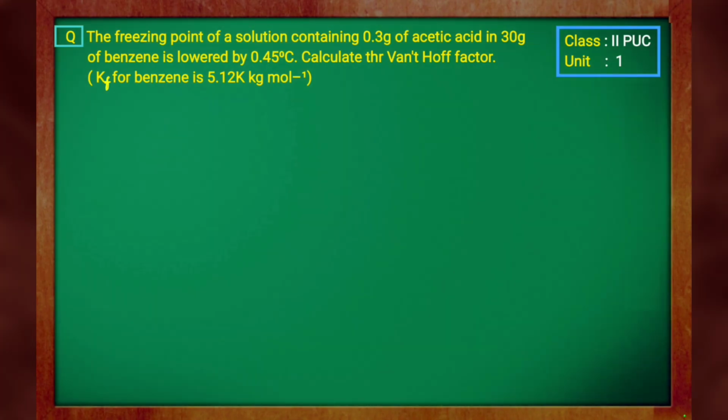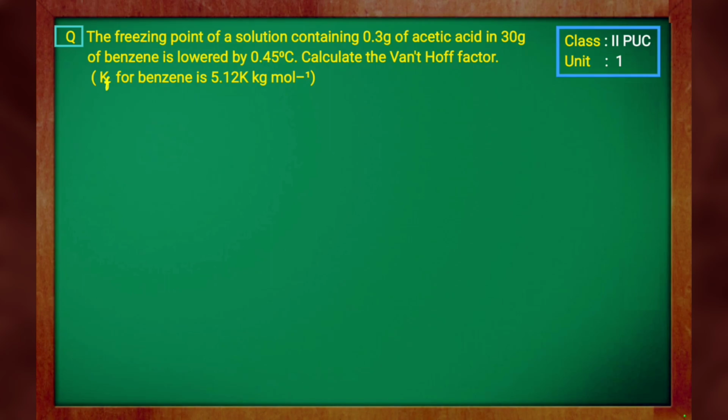The freezing point of a solution containing 0.3 gram of acetic acid in 30 gram of benzene is lowered by 0.45 degrees Celsius. Calculate the Van 't Hoff factor. Kf for benzene is 5.12 Kelvin kg per mole.